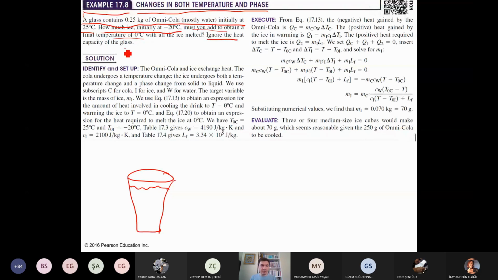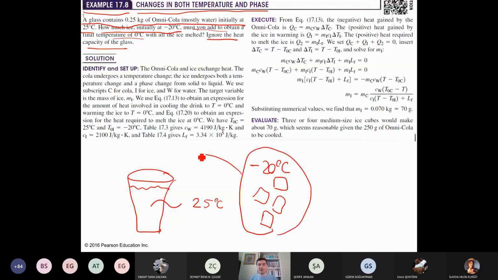So this Omni Cola at the beginning has this temperature, 25 degrees Celsius, and we have ice cubes here, and they have an initial temperature of minus 20 degrees Celsius. And you will take these ice cubes, put them into the cola, and the final temperature of the system will be 0 degrees Celsius, okay?